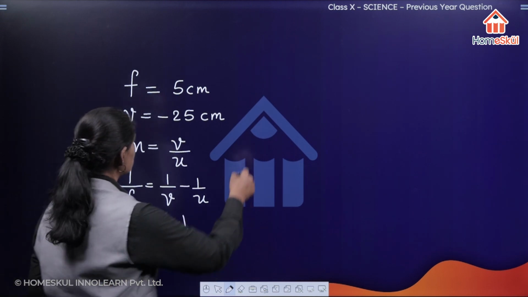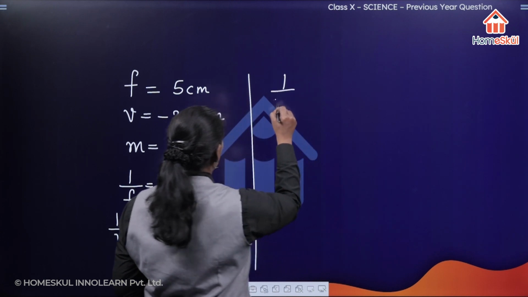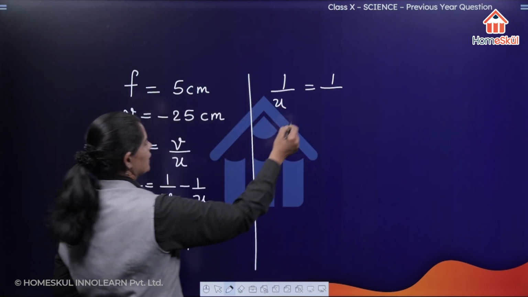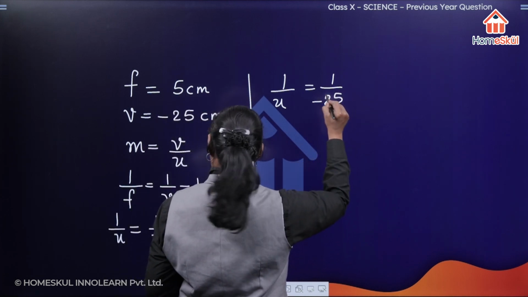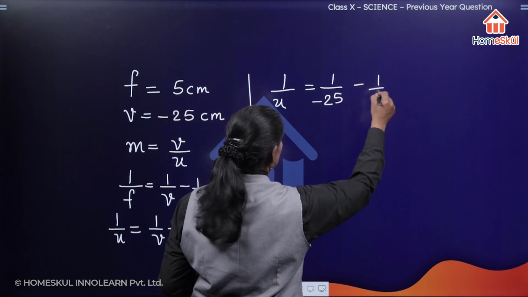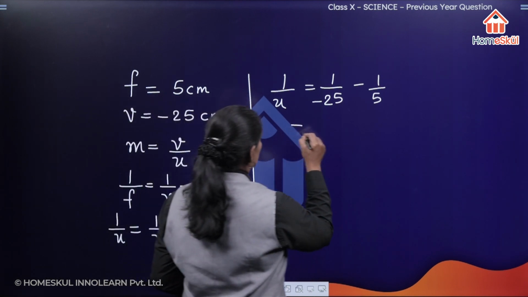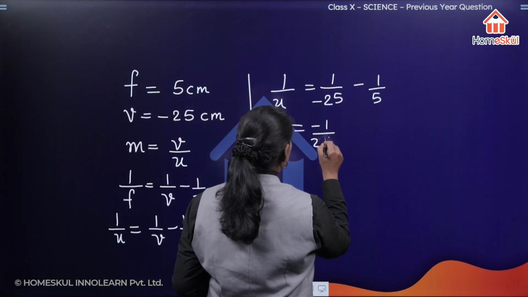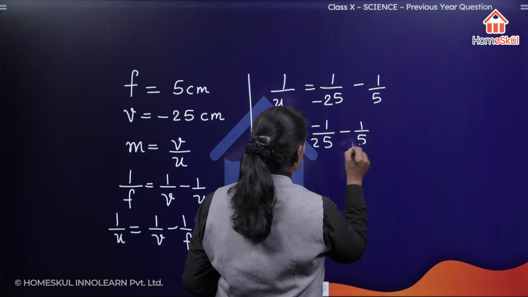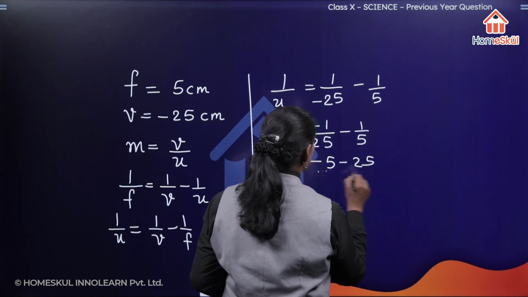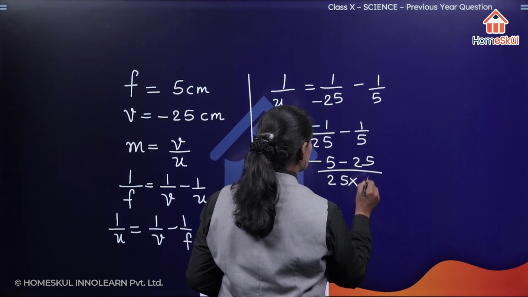Let's substitute the values. So here we have 1 by U is equal to 1 by V. V is already given to you, that is negative 25. And the focal length is also given, that is 5. Right. So let's solve this question. So we have minus 1 by 25 minus 1 by 5. Cross multiplying, we get minus 5 minus 25 by 25 into 5.